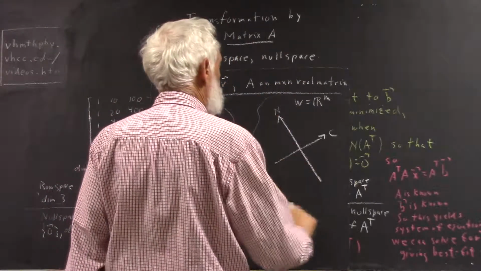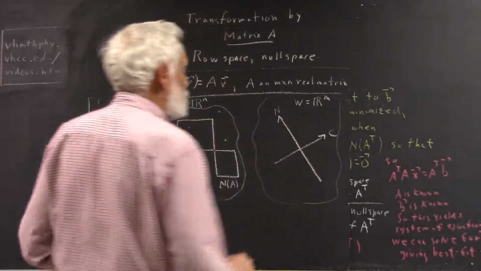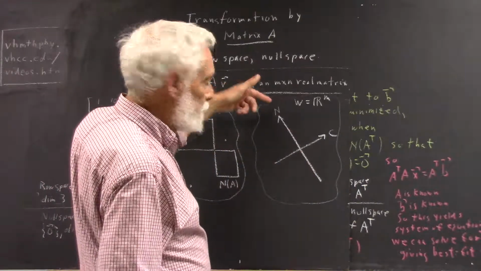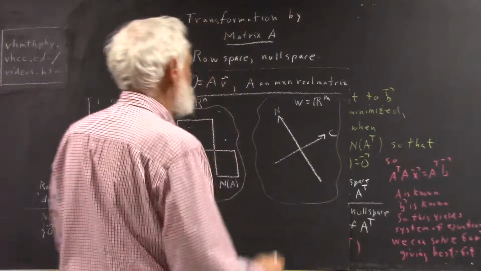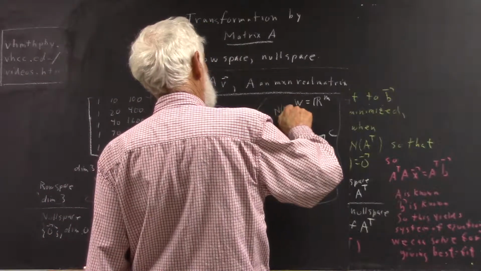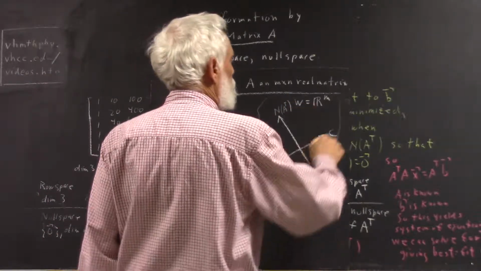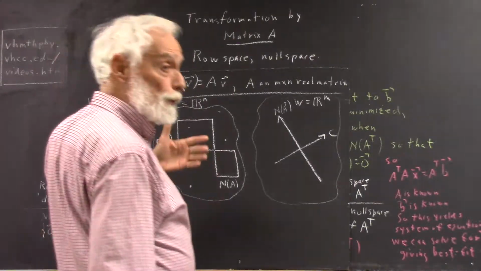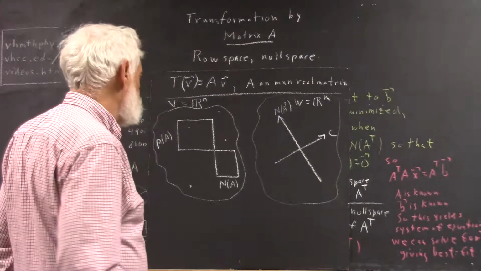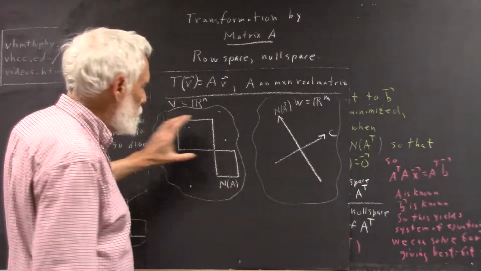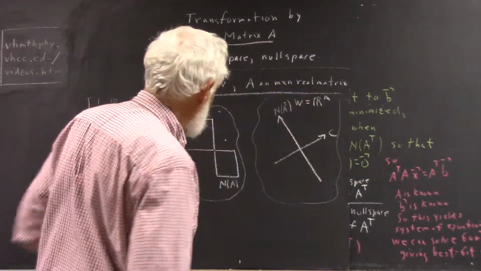So here's Rm. Here's your null space of A transpose. Here's your column space, which is the row space of A transpose. The column space of this matrix is the row space of its transpose.